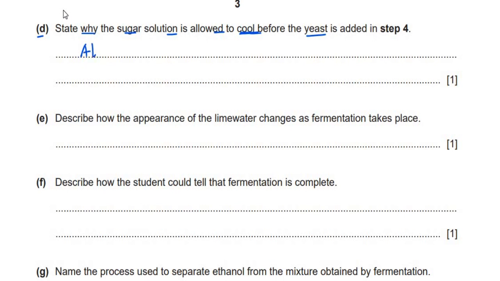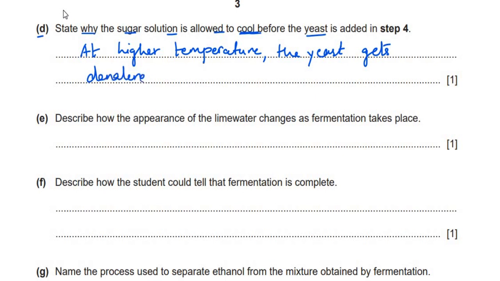So we can write at higher temperature, the yeast doesn't work, or the yeast gets denatured. Denatured is a specific word, rather than just writing doesn't work. So cool the solution before adding the yeast.